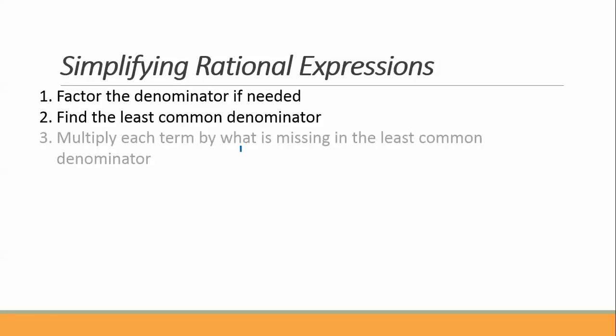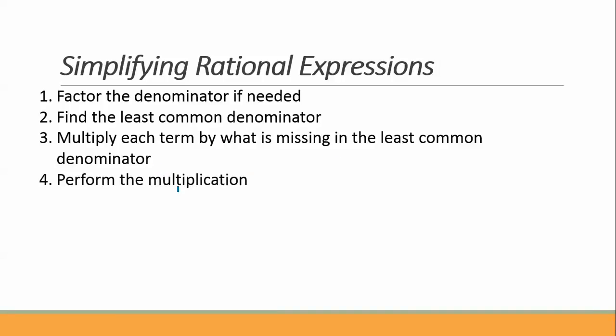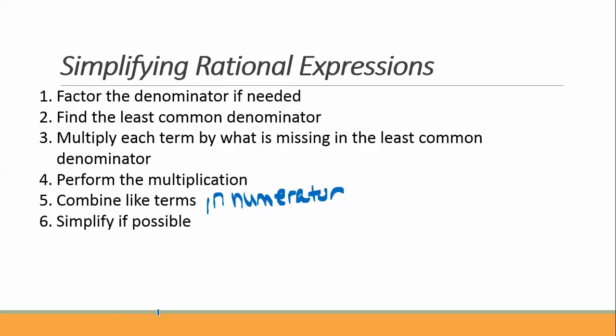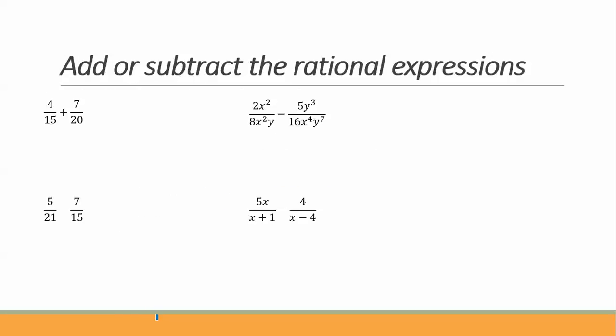Once we find the least common denominator, we want to multiply each term by what is missing in the least common denominator. Then we want to actually perform the multiplication. Combine like terms in the numerator. Simplify if possible.